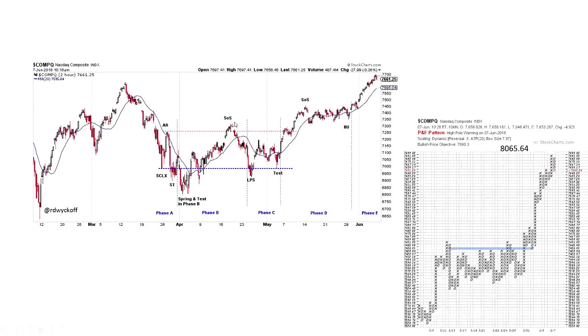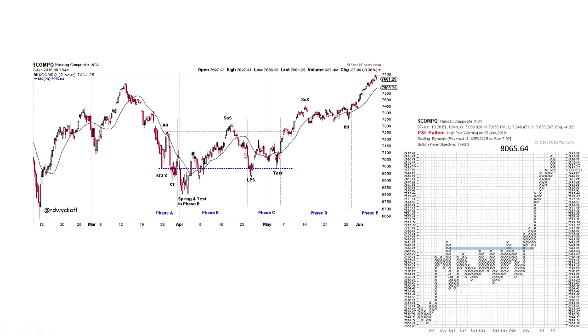Then we have an upthrust or a sign of strength that takes us to the top. This is resistance. And so then we have a pullback. The last pullback in phase C, we call a last point of support. And this results in a good rally up and out of the accumulation area.